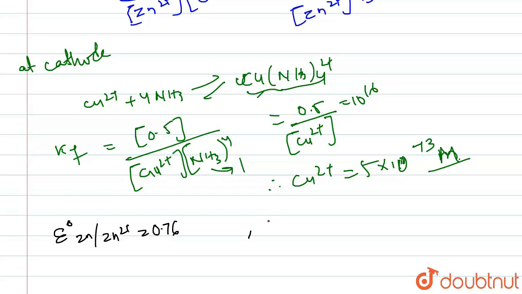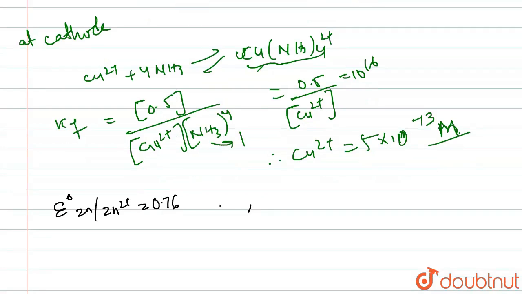Let us write our reaction at the anode: Zn solid gets into Zn2+ plus 2 electrons.